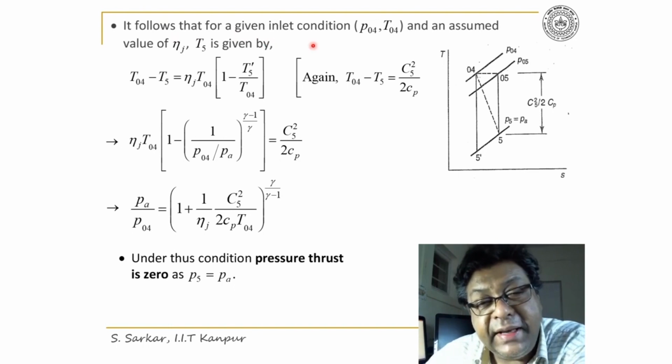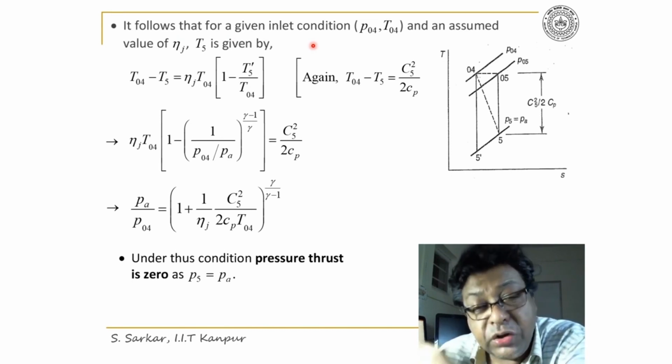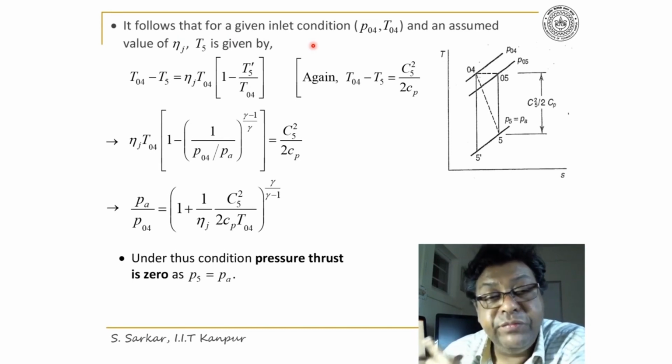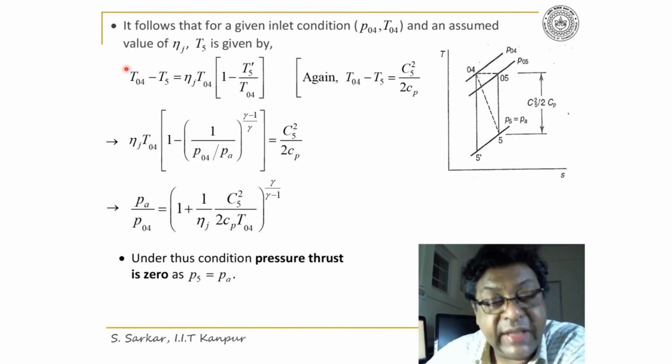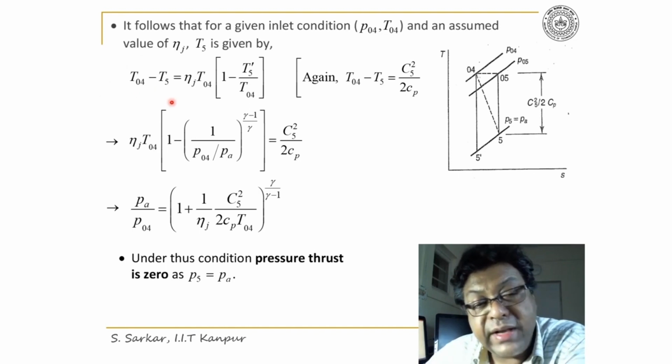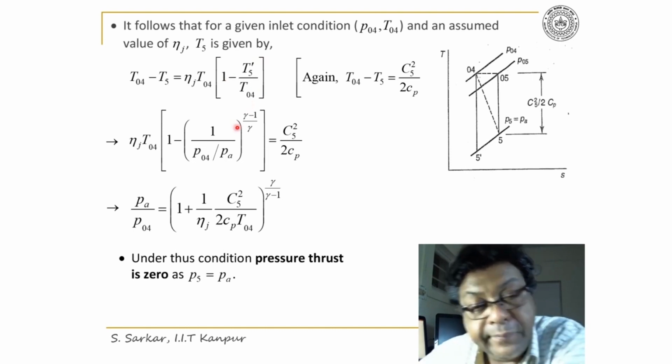Now for a given inlet condition P04 and T04, and also with an assumed value of nozzle efficiency eta J, we can evaluate T5 following that T04 minus T5 is equal to eta J into T04 within the bracket 1 minus T5 dash divided by T04.